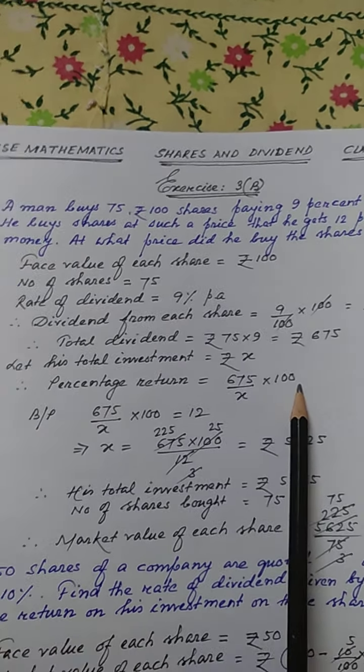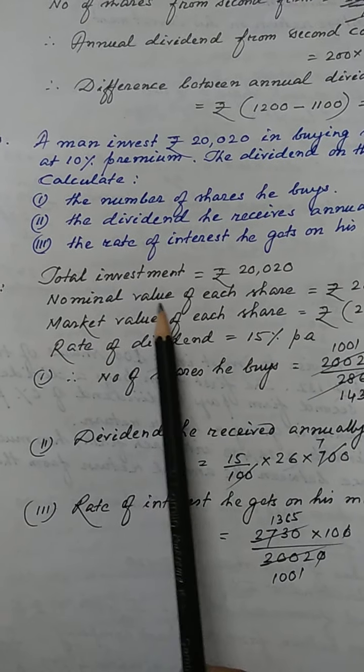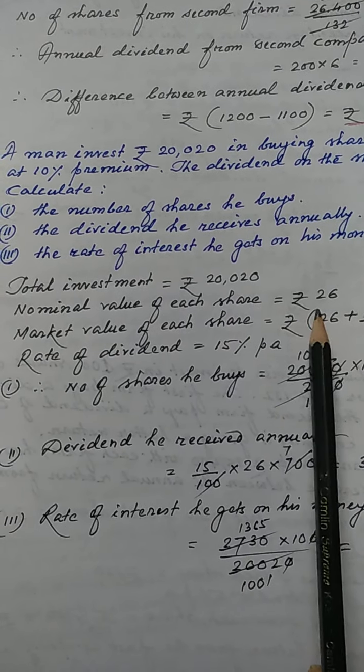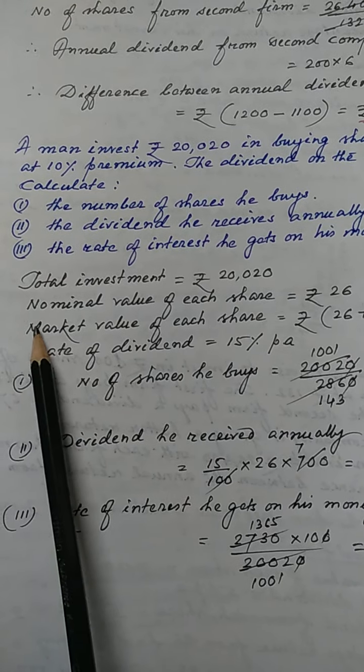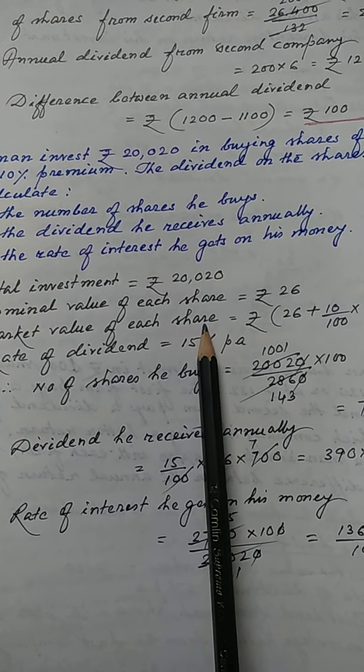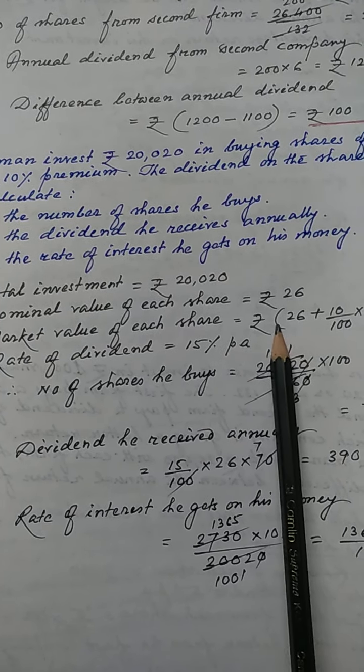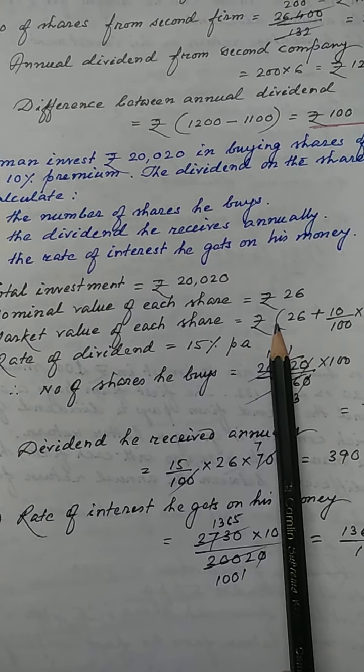So here total investment is rupees 20,020, nominal value of each share is rupees 26, and market value of each share is 26 plus 10% of 26 rupees, as it is given 10% premium, and that is coming rupees 28.60, and the rate of dividend is 15% per annum.